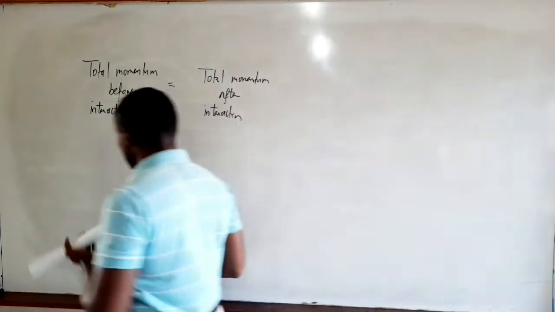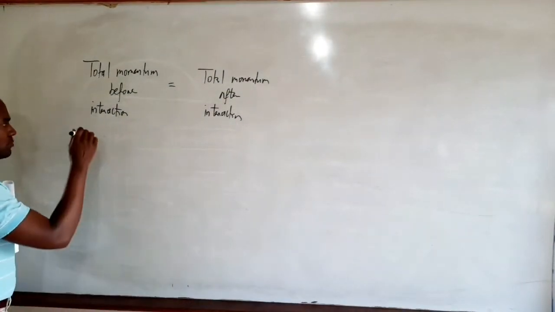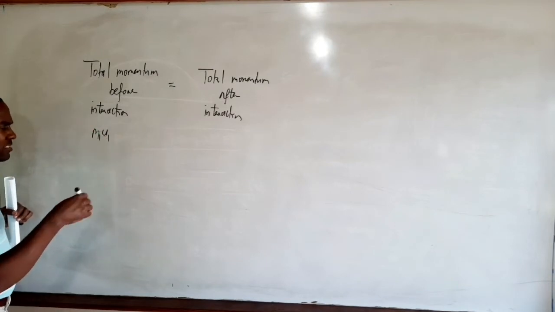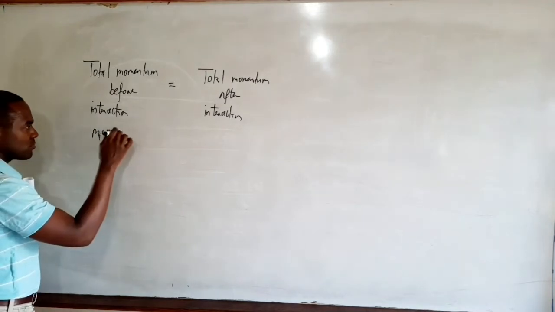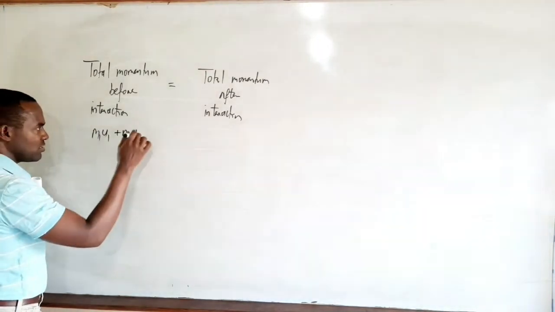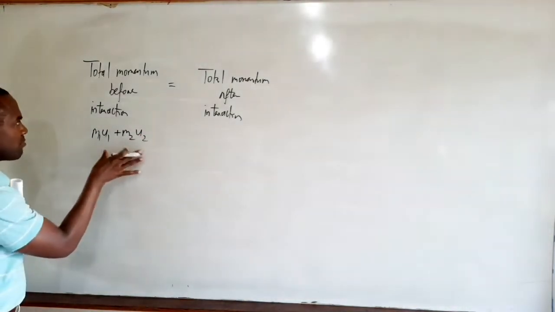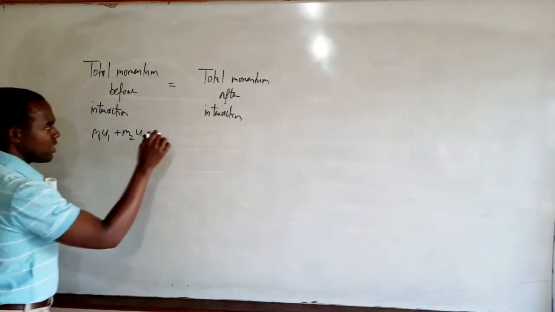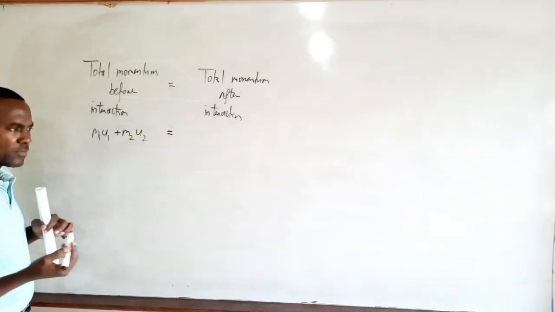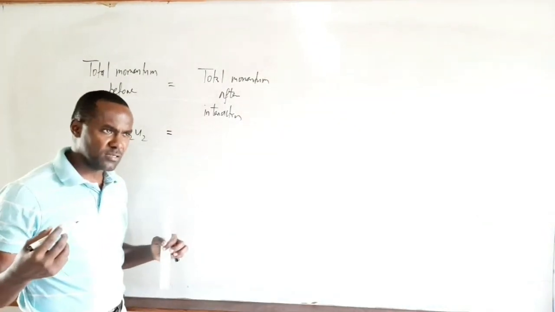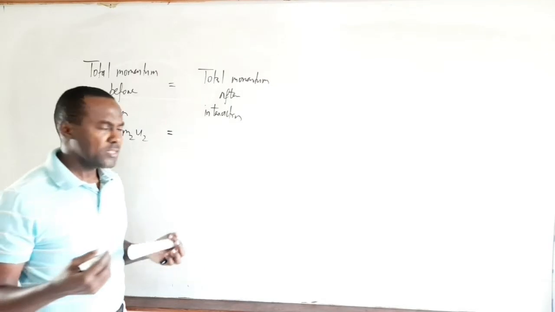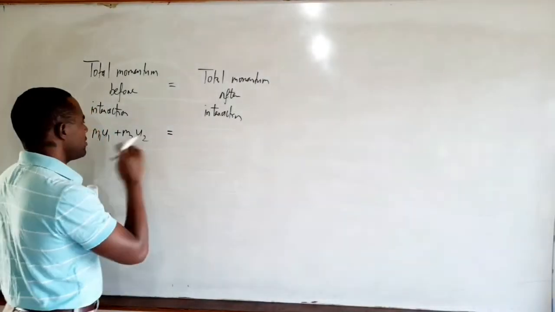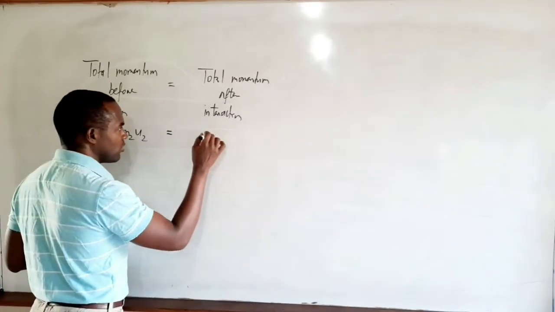And if we have, say, a body 1 with a mass m1 and initial velocity u1, and a body 2 of mass m2 with an initial velocity u2, then the total momentum before interaction is given by m1 u1 plus m2 u2. And if after the interaction the bodies' masses remain constant, which we'll always assume, then after the collision the mass of body 1 is also m1.